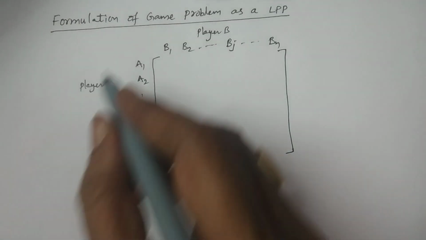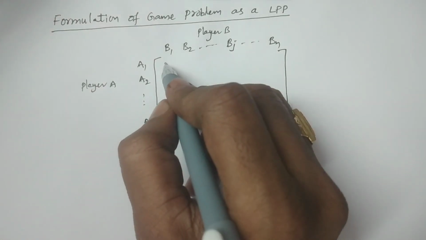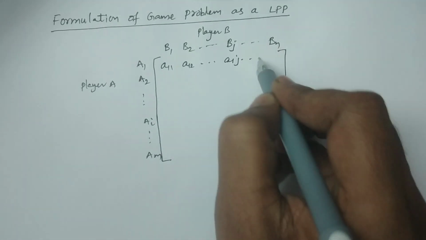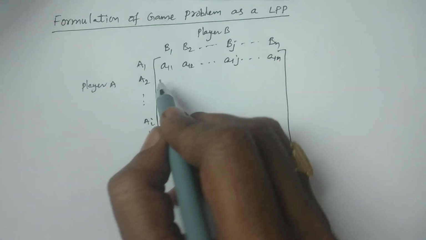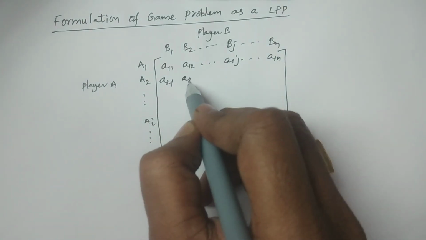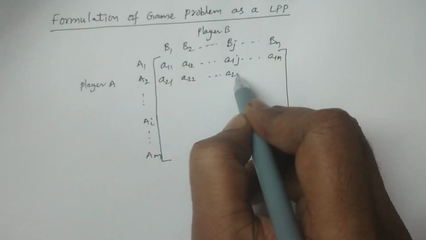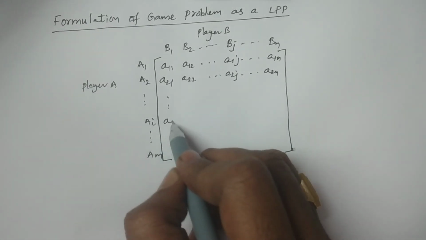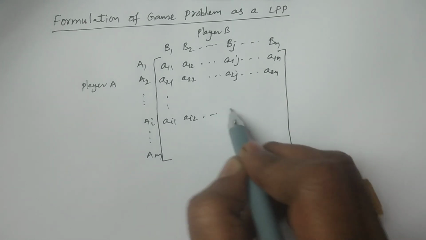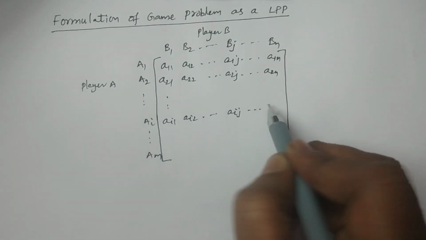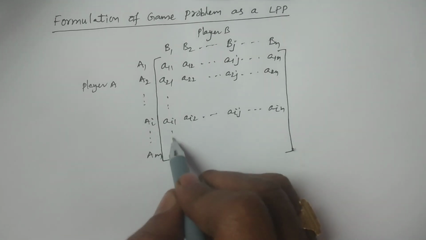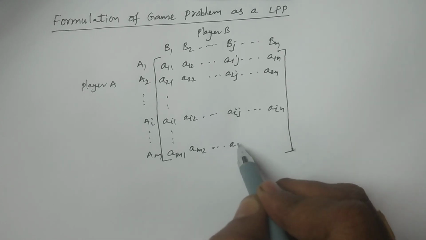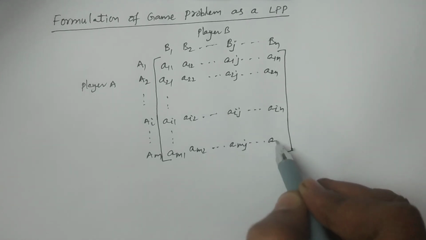So if we consider the payoff matrix: A11, A12, and so on, A1j, and so on, A1n. Similarly, A21, A22, and so on, A2j, and so on, A2n. Similarly, Ai1, Ai2, and so on, Aij, and so on, Ain, and so on, Am1, Am2, and so on, Amj, and so on, Amn.